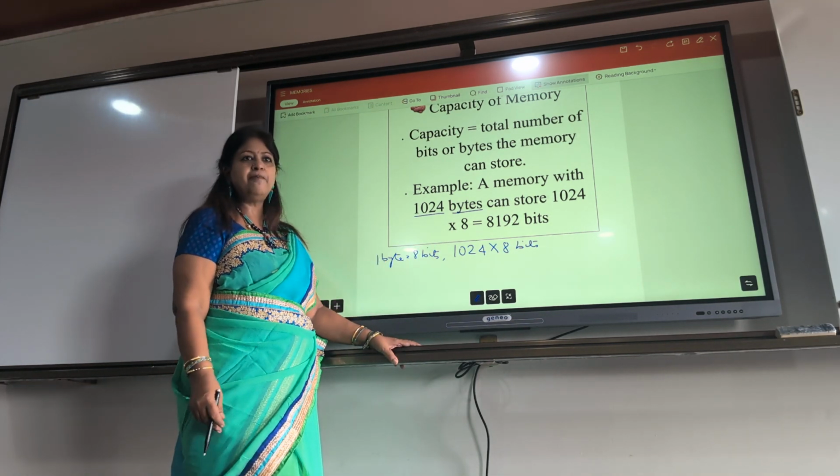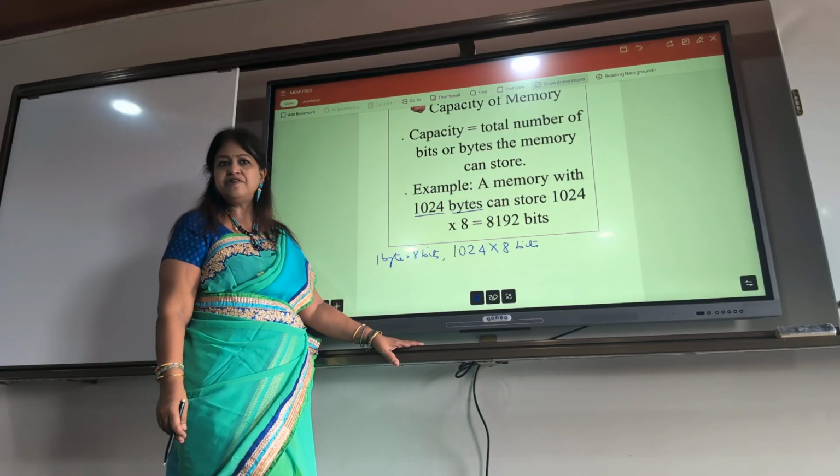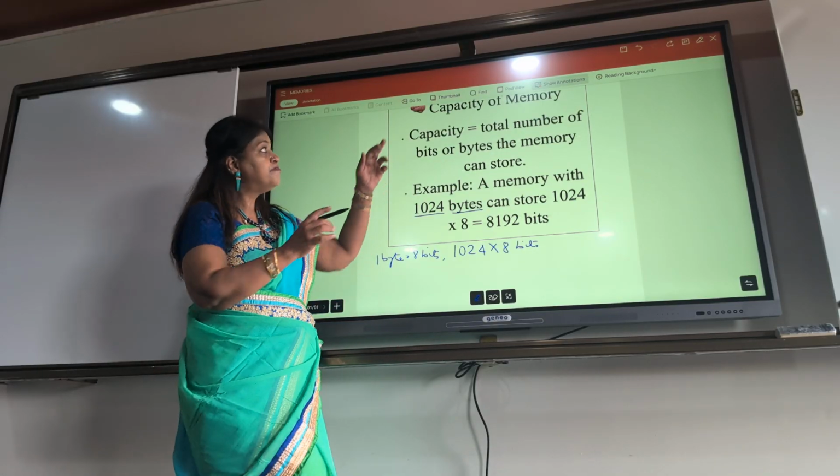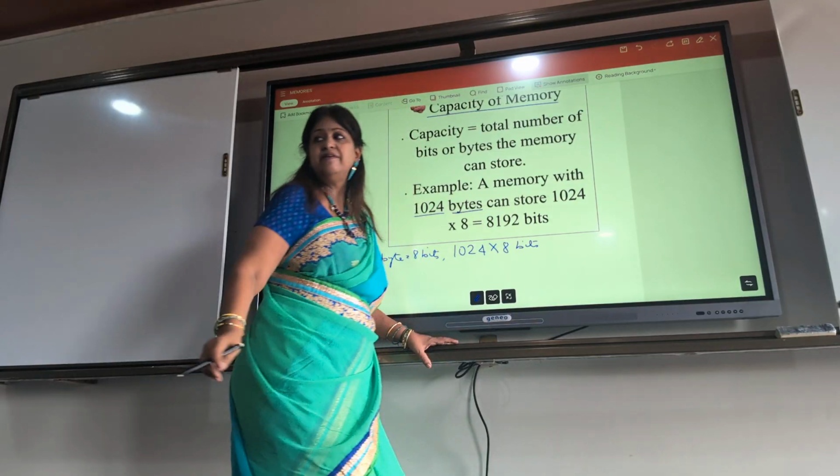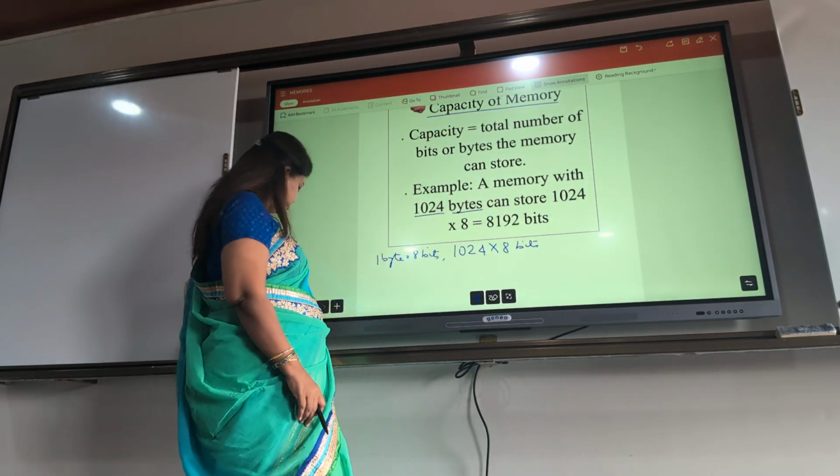So 1024 bytes can store 1024 into 8 bits. That is the capacity of memory, how much it can store.